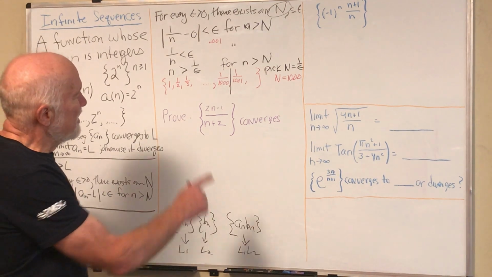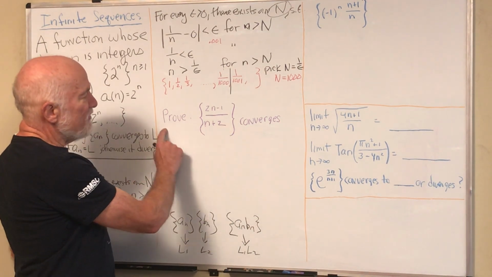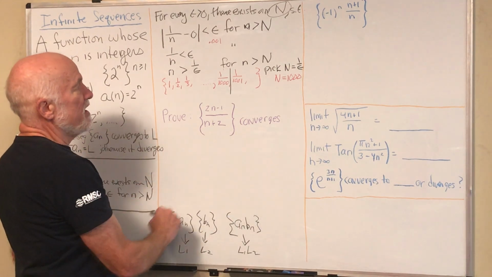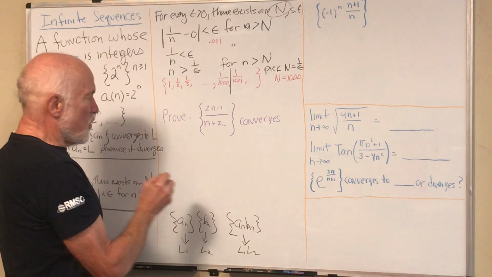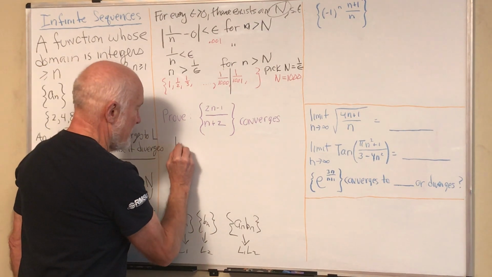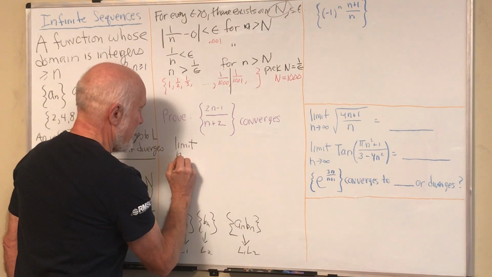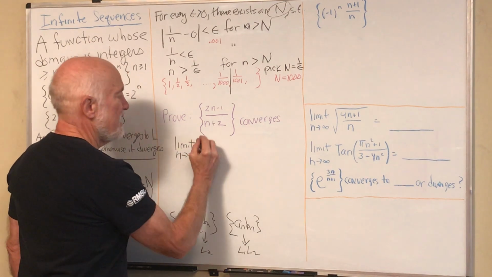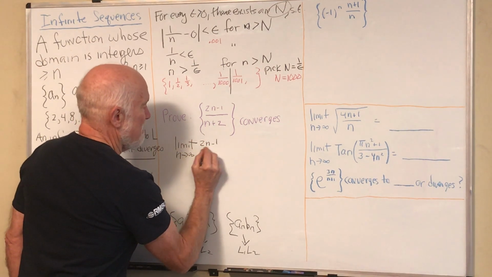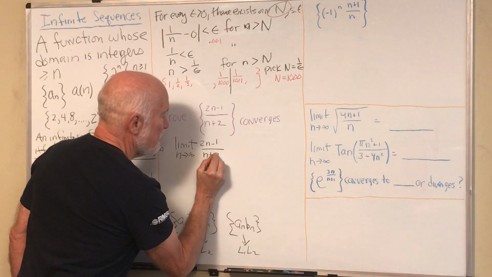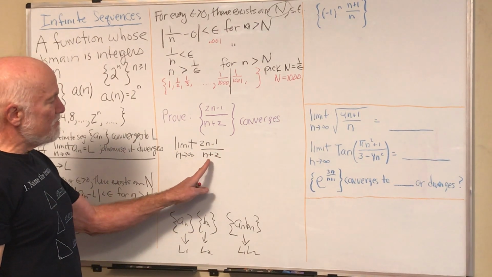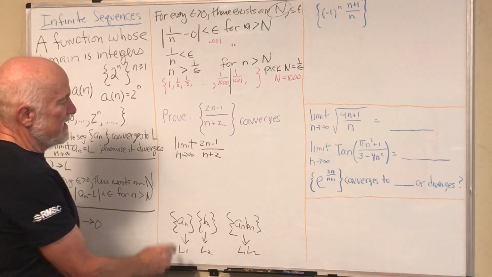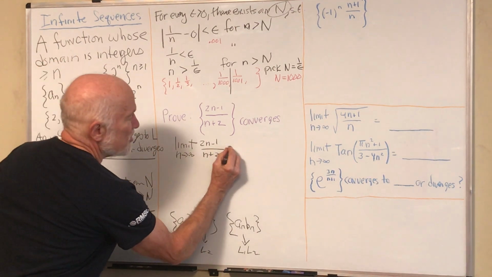So in general, we're not going to have to go through this anymore to prove that this converges. We can just take the limit as n approaches infinity the same way we did it with functions. We can eliminate everything but the highest power of n, and we see the answer is just 2.